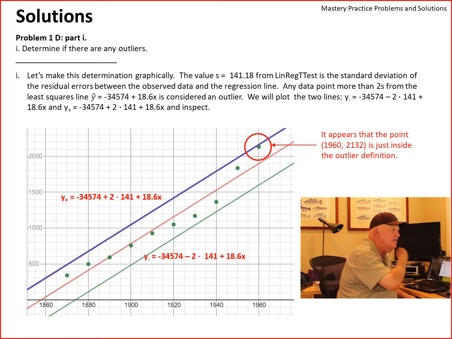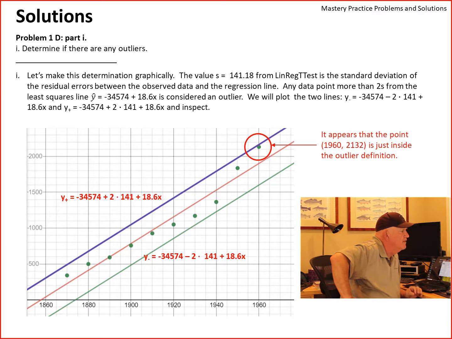I make then another line, which I call y plus, that purple line. That purple line is minus 3457.4 plus 18.6x plus 2 times s, or 2 times 141, or 282. Likewise, the green line is y equals minus 3457.4 plus 18.6x minus 282.